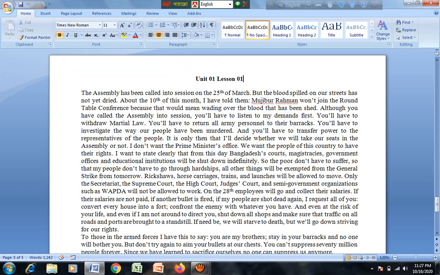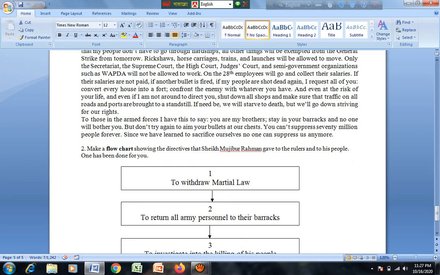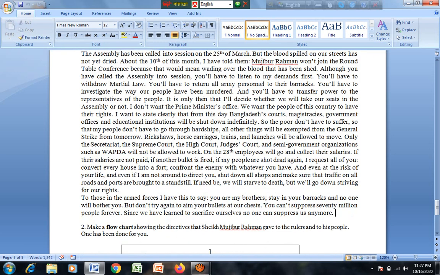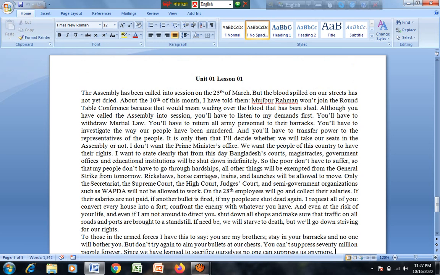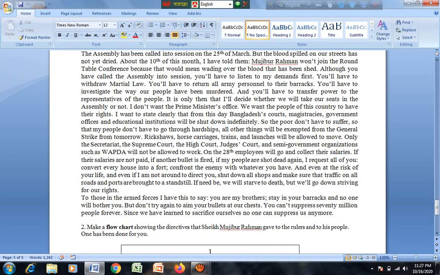Now let us see another example from the same unit, unit 1, lesson 1. The passage begins with 'the assembly has been called into session', and it ends here, 'no one can suppress us anymore'. If you go through the passage, you will see that Bangabandhu Sheikh Mujibur Rahman raised some demands to the then Pakistani rulers.